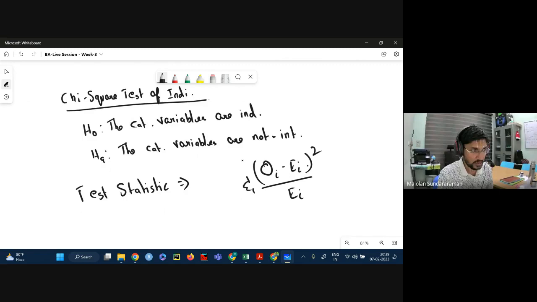In fact, it should be over ij. And this is going to be distributed as a chi-square. So my test statistic is a chi-square.